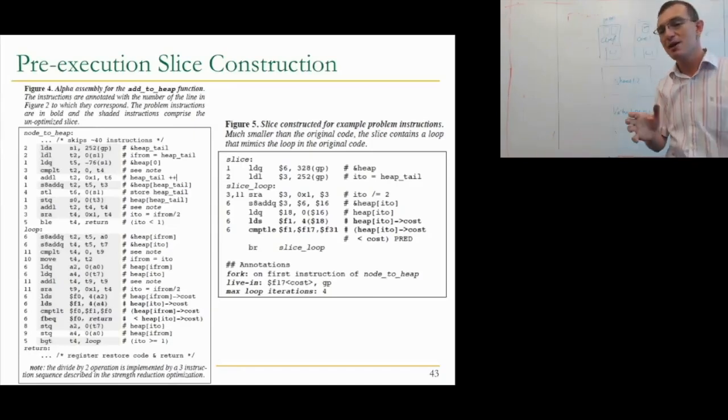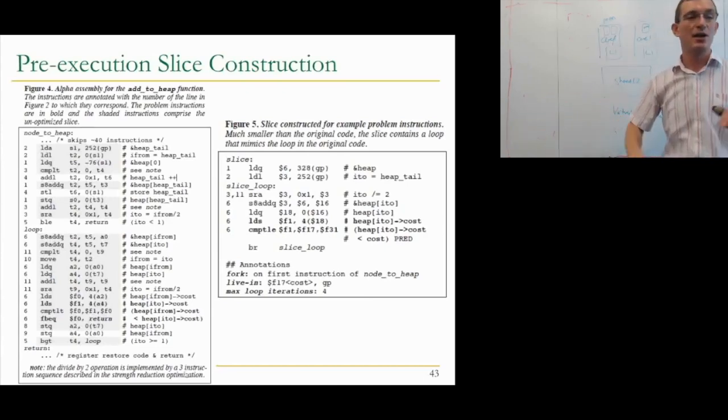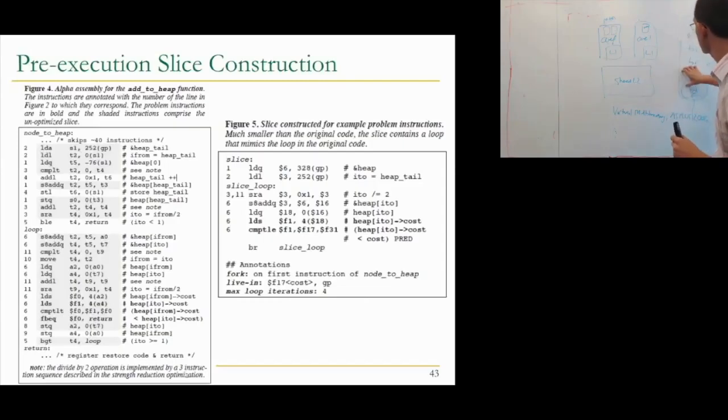Usually, it may make sense if the speculative thread skips those instructions somehow, right? But in this case, we can actually reduce the program because not all instructions between the fork point and the problem instruction lead to something useful to compute the address of the problem instruction or the outcome of the problem instruction, right? And this shows an example over here. There are many instructions between the fork point and the problem instructions, but you only need this many instructions.